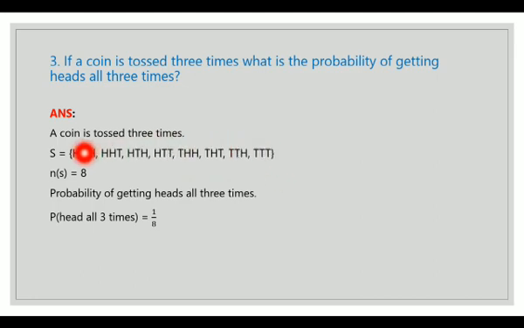So the total number of outcomes in the sample space when a coin is tossed 3 times is 8. We are told to find the probability of getting heads all 3 times. In the sample space there is 1 such outcome and the total number is 8. So the answer is 1 upon 8.